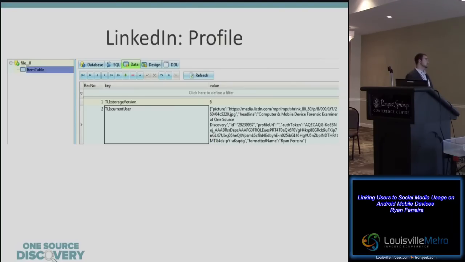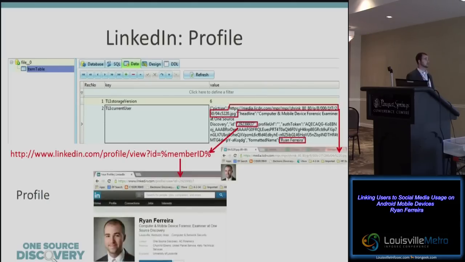So if you open up this particular database, what you'll find is the current user, which is actually not the current user because we know that someone's logged out, but it's LinkedIn's way of saying this is the last person that I've interacted with. And when we look at this, we find that everything is pretty standard, just like we showed earlier. So you've got your profile picture here that you can pull out, drop it into any sort of browser, and find it directly.